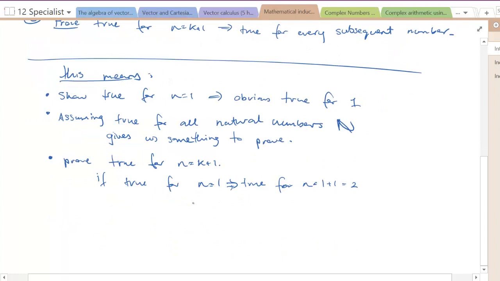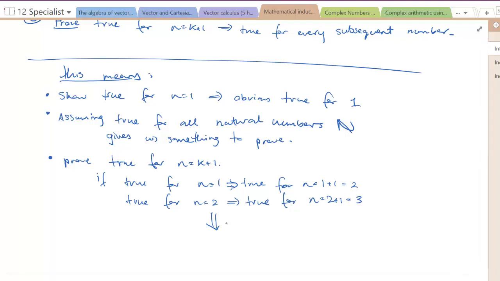Now, if it's true for n equals 2, then it follows that it must be true for n equals 2 plus 1, which is 3. And we can follow that process infinitely. So by using this method of proof by mathematical induction, we can prove that it's true for all natural numbers.